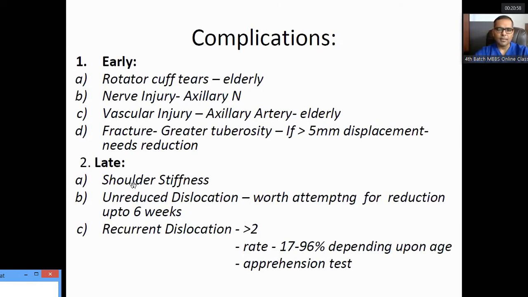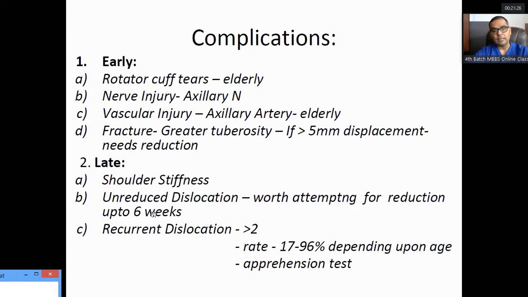And late complications, as said, in any dislocation we have stiffness, like shoulder stiffness. Sometimes patients from remote places come with unreduced dislocation. In the literature, it has been described up to 6 weeks. Up to 6 weeks old, it is worth attempting closed reduction.